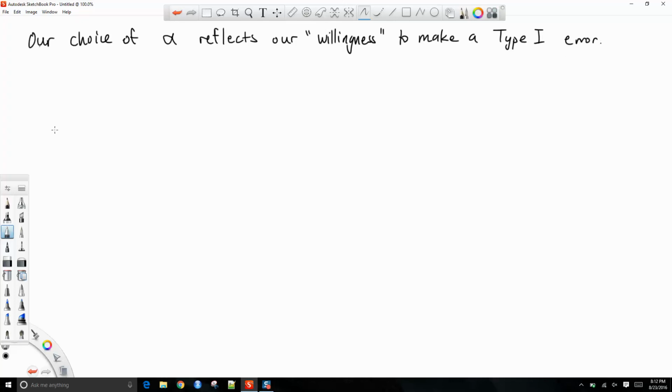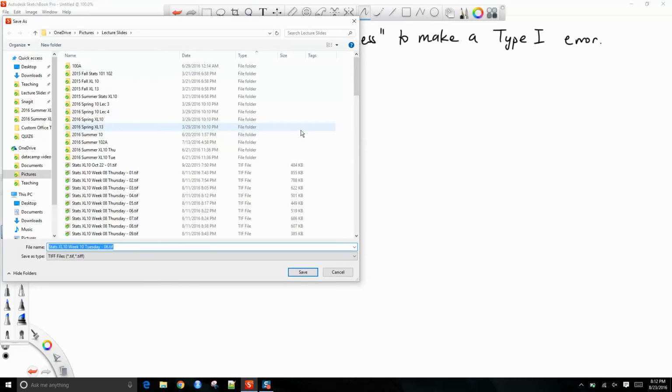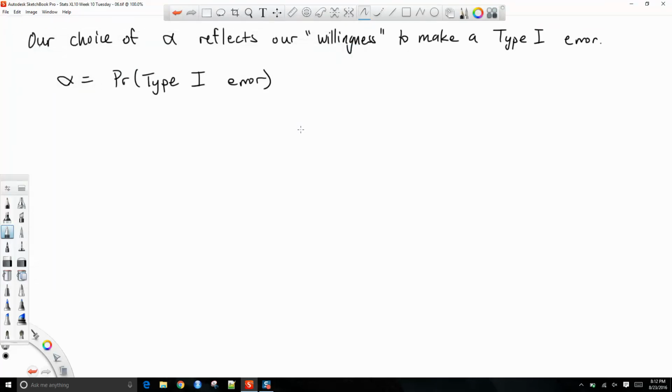In fact, alpha is equal to the probability of committing a type 1 error. So if alpha is 5%, it means you will commit a type 1 error 5% of the time, or I'll say your risk of committing a type 1 error is 5%.